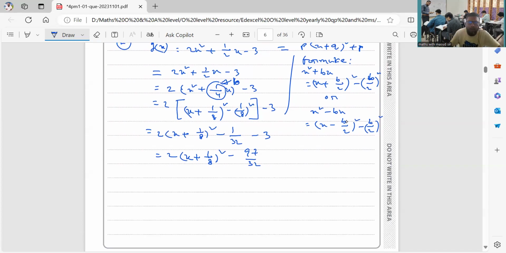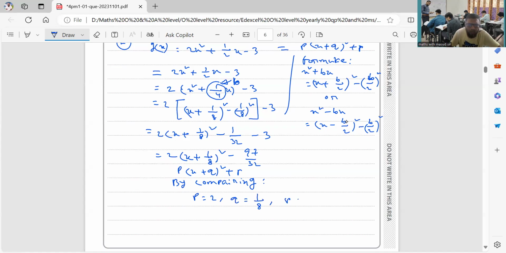Now you can compare. If you compare with p bracket x plus q, whole square, plus r, then by comparing, you can write p equals 2 and q equals 1 by 8.